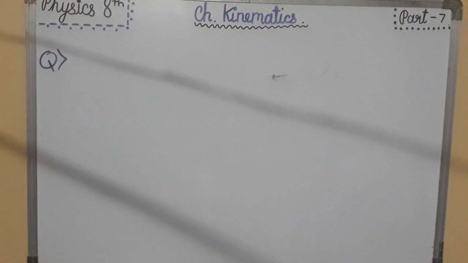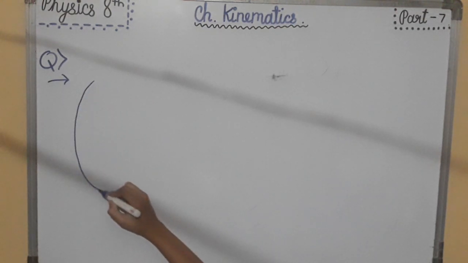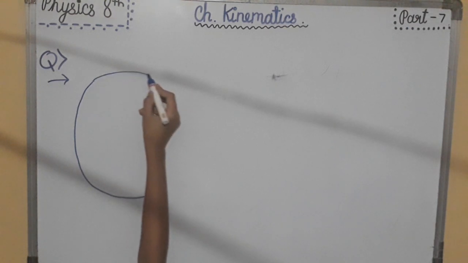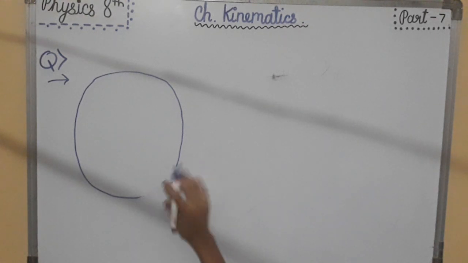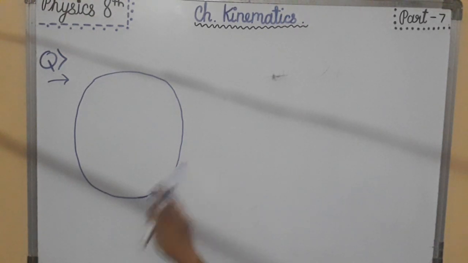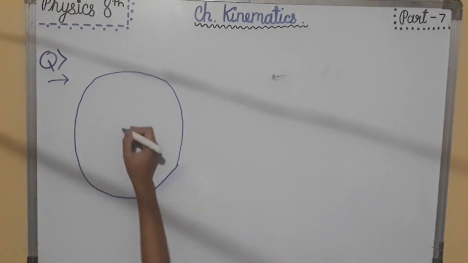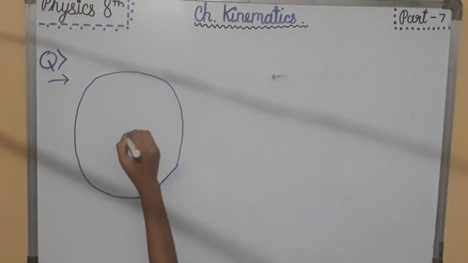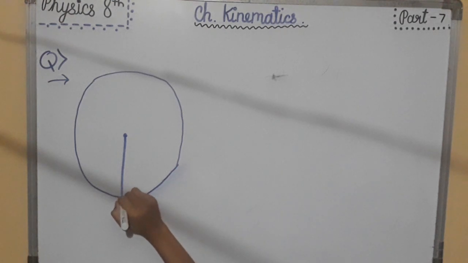So for this question, the diagram will be like a circle shape, because the athlete is running in a circular path, and the radius means the distance from the midpoint of the circle to the circumference line.